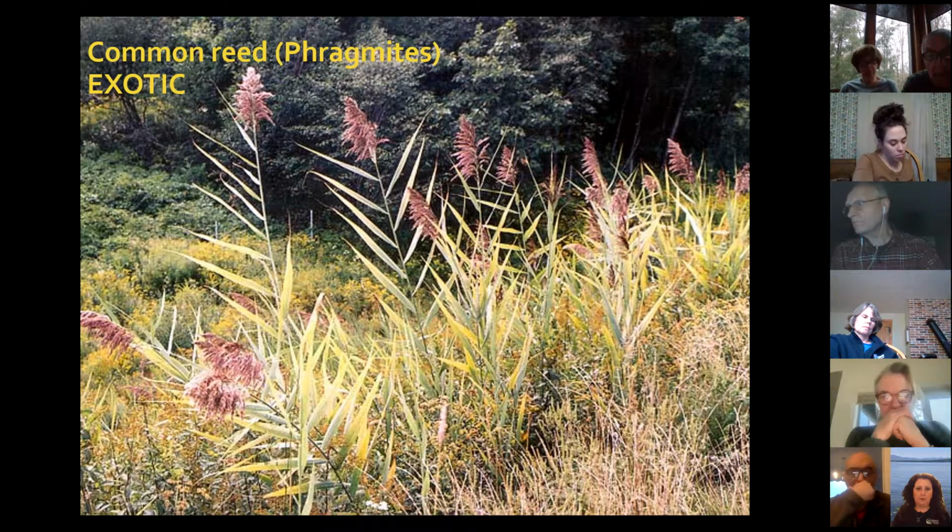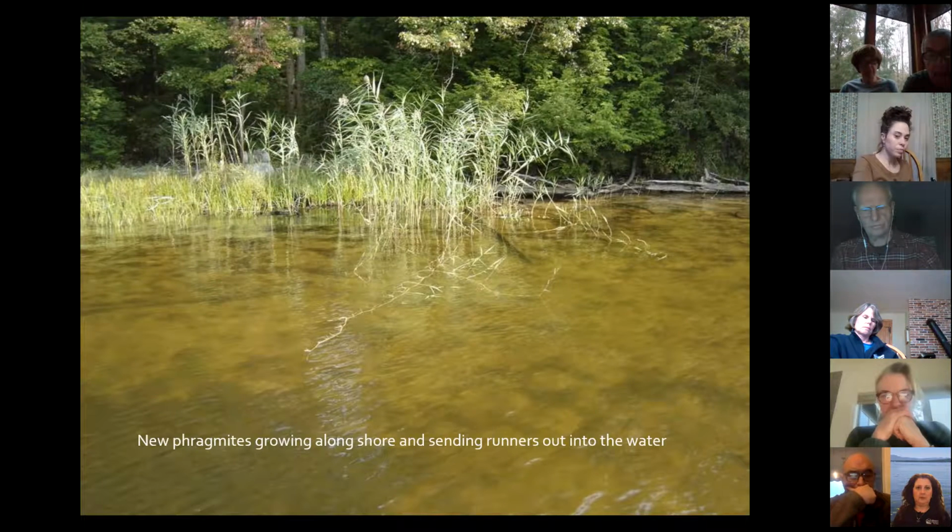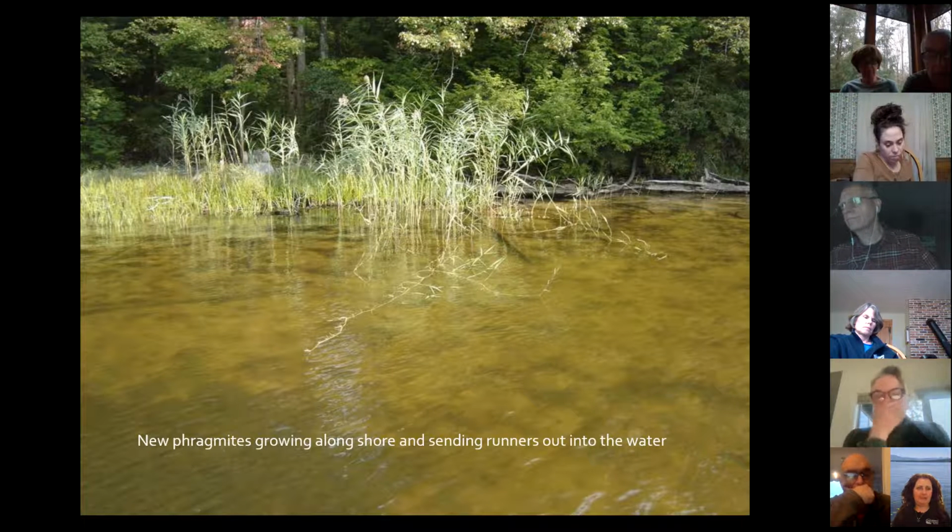So it will grow in moist soil, but more alarmingly, it will establish on shore and then send these runners out into the water body. And every point where these runners anchor is where they root and a new plant will come up. So I have seen these form islands in lakes, and I've also seen them form big stands in front of people's houses.